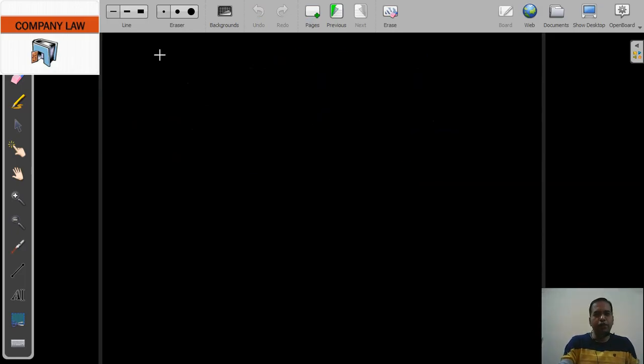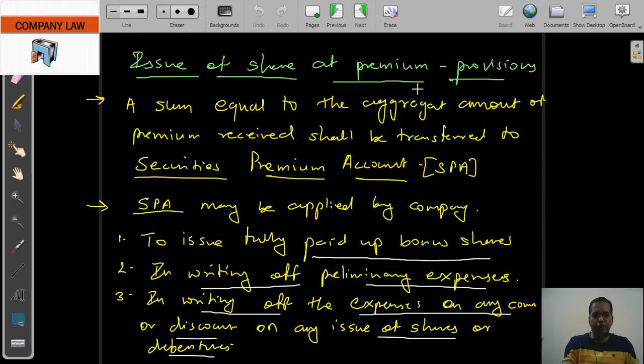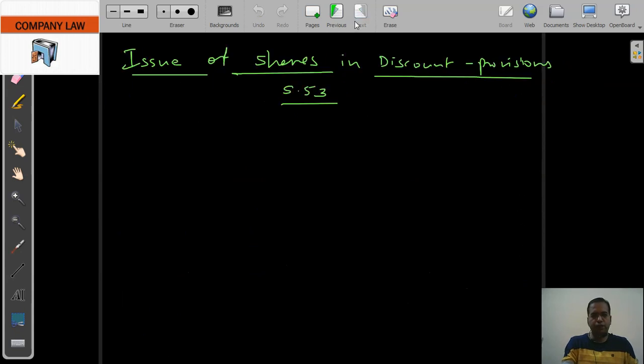Now what are the provisions of issue of shares at discount? So let's talk about the provisions. These provisions are given under section 53, and the earlier provisions are given under section 52. So what are the provisions?